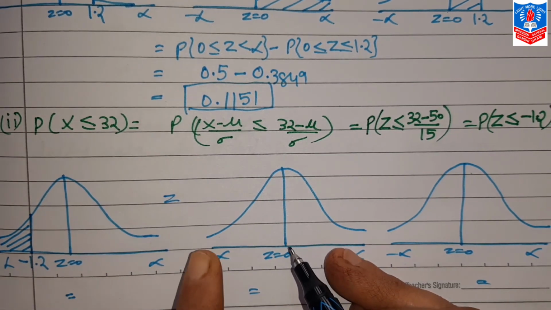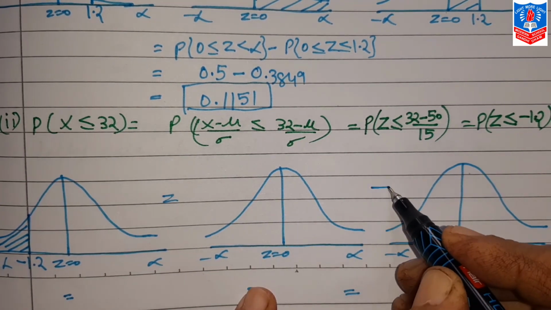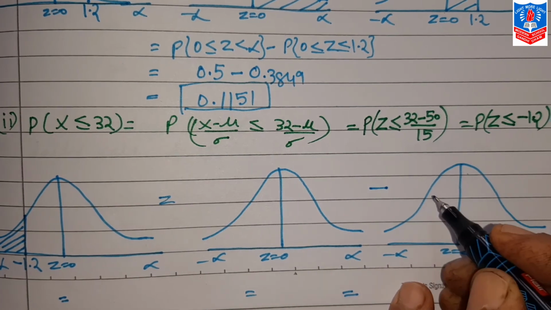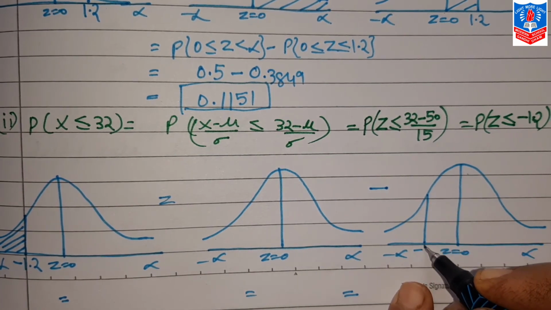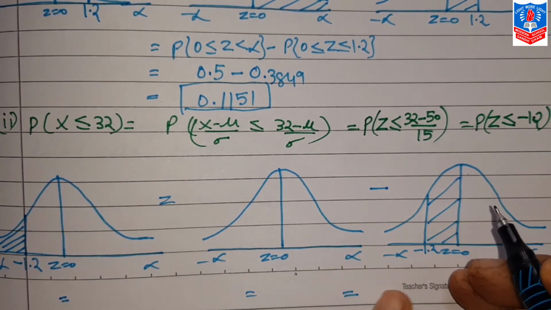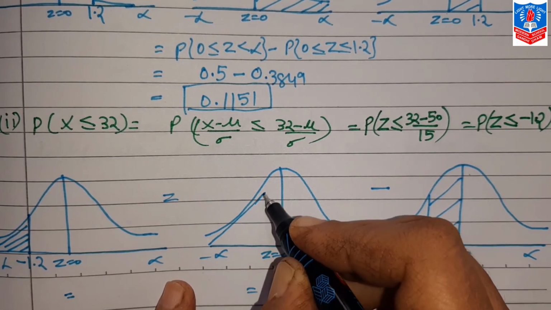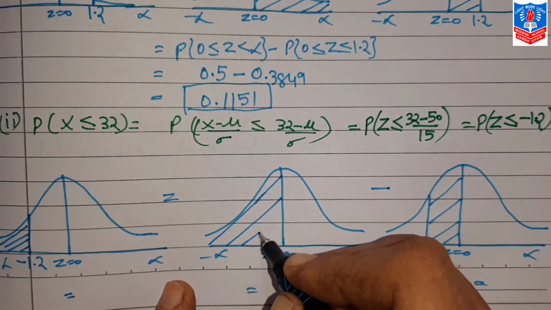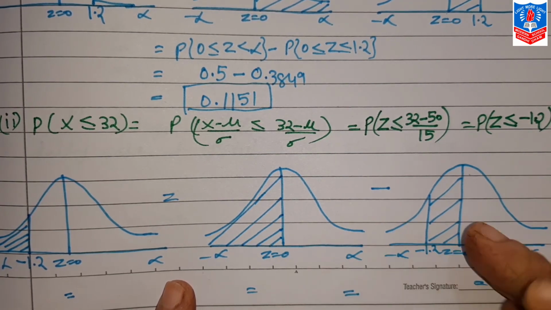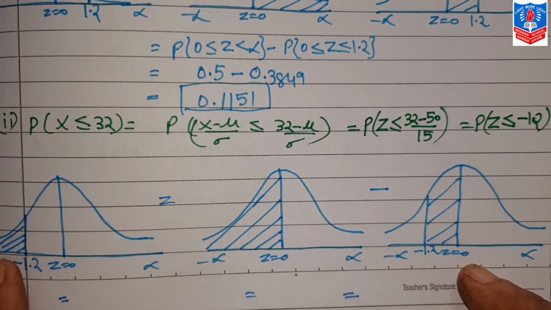Again, very simple. From minus infinite to 0, this full area, from that if we subtract the area, that is here it is minus 1.2, if we subtract this area, we get what? This area. So from minus infinite to 0, this whole area, from it we subtract minus 1.2 to 0. Then we will get the value of x less than or equal to minus 1.2.